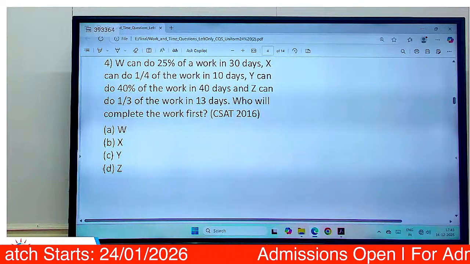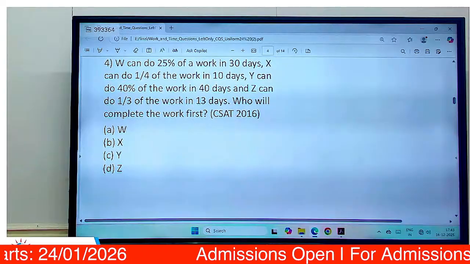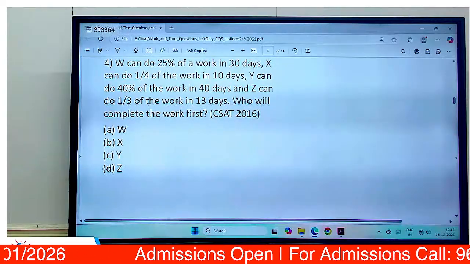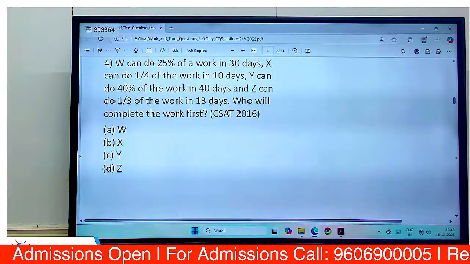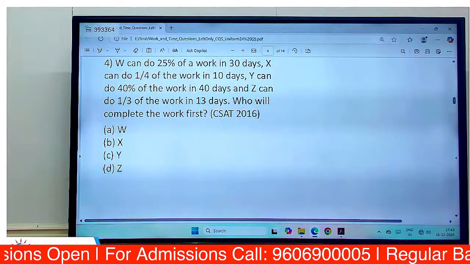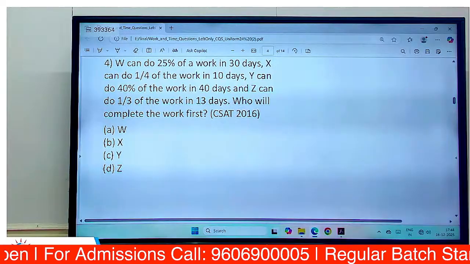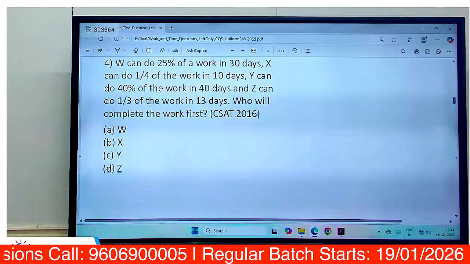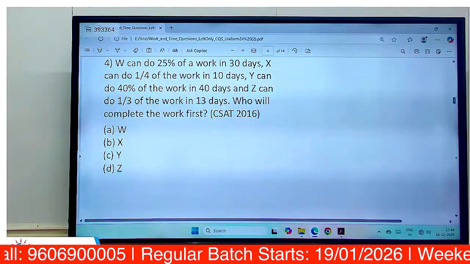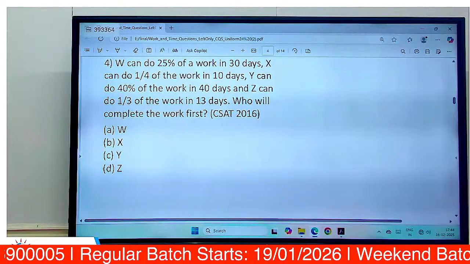Where is W from? Is it 4? W can, yes, 30 days. So this is how it came, 12 days. This is wrong, no? W can do 25% work in 30 days. 1/4 work he is doing in 30 days. So full work he'll do in 4 times these days, no? Okay.